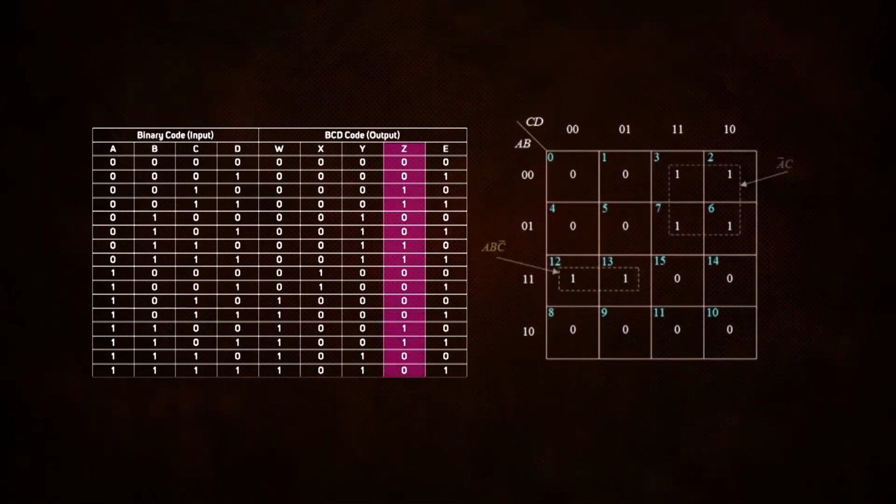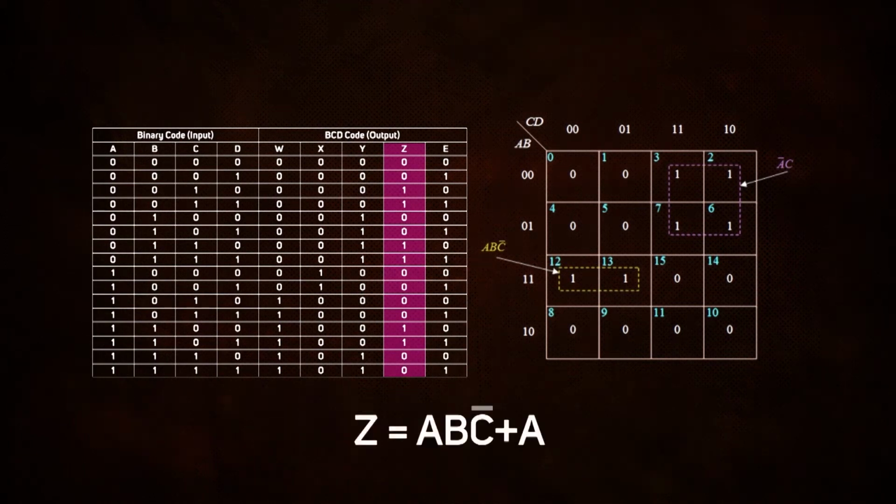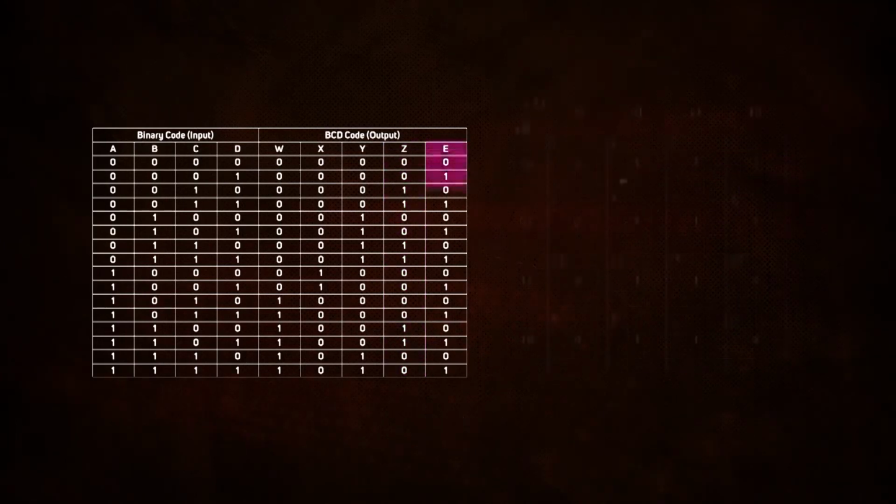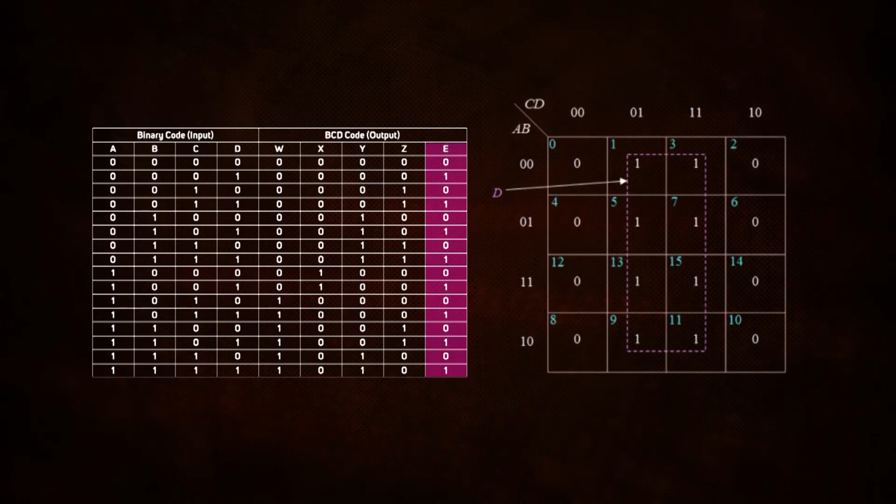Mark 1 in the K-map where Z is 1 in the truth table. Here we have one pair and one quad. Let us write the equation of Z from the K-map. Z is equal to ABC complement plus A complement C. Now, the last output column E. Let us draw the K-map. Here we have one octet and hence E equal to D.